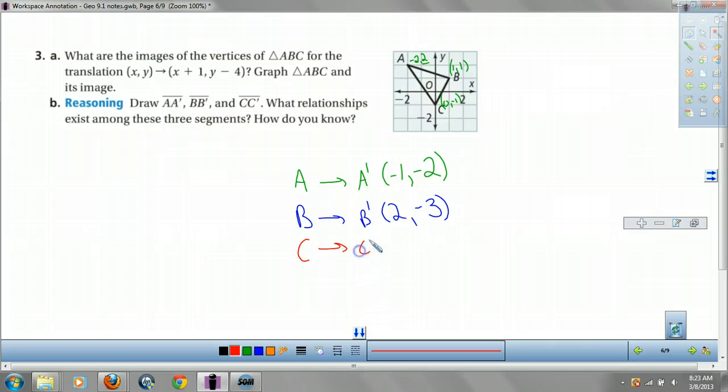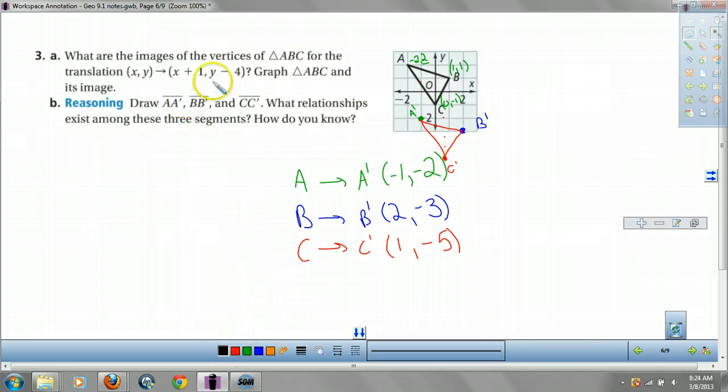And C to C prime, 0 plus 1 is 1, negative 1 minus 4 is negative 5. So A prime's at negative 1, negative 2. B prime's at 2, negative 3. And C prime's at 1, negative 5. There's my image. Pre-image, image.